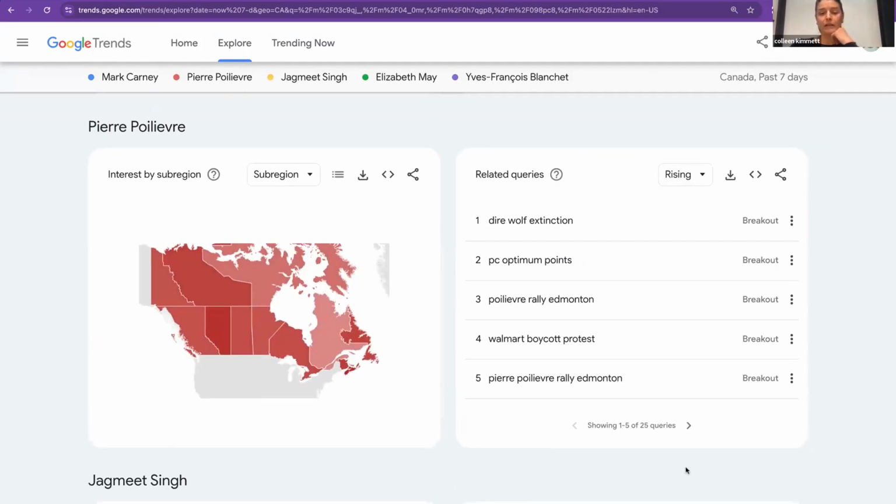Poilievre, so interestingly, the related queries to Poilievre are not necessarily related to questions about him or policies, but, well, there's some rallies, but PC Optimum Points, Dire Wolf, a chocolate bar recall. I'm not sure why that would be.